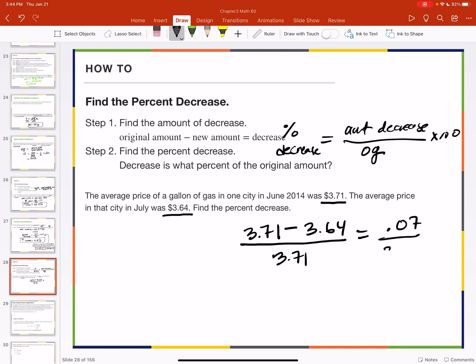And we're going to divide that by the original amount, 3.71, and we're going to multiply that by 100, and that's going to give us the percent decrease. So that's going to be 1.8%. So percent decrease, it's 1.9%, actually, if you round to the tenth.